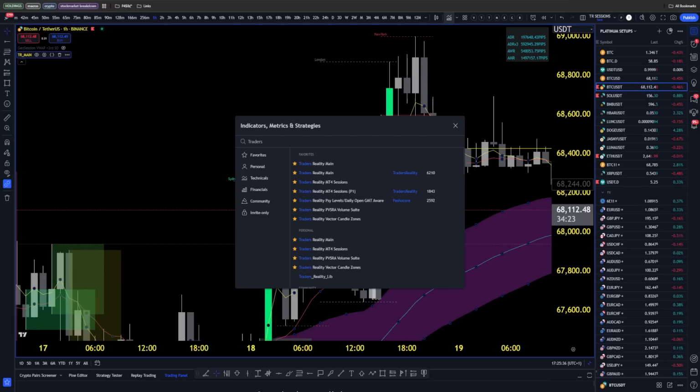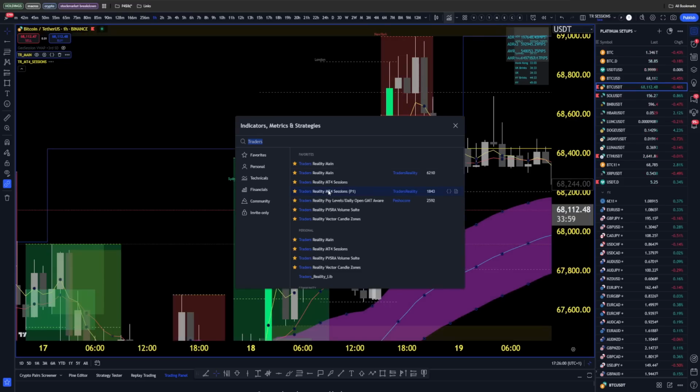Now, there is another indicator that you can use if you want to see the exact sessions that I use on the live streams. If you go into TradingView and type traders, it brings up all this information here. What you need to do is click Traders Reality MT4 sessions. When you click that, it will activate the sessions, but the MT4 style.